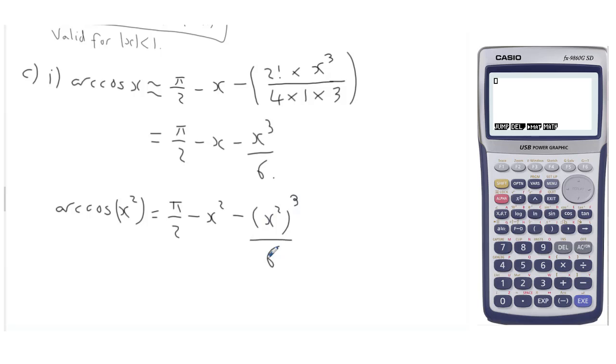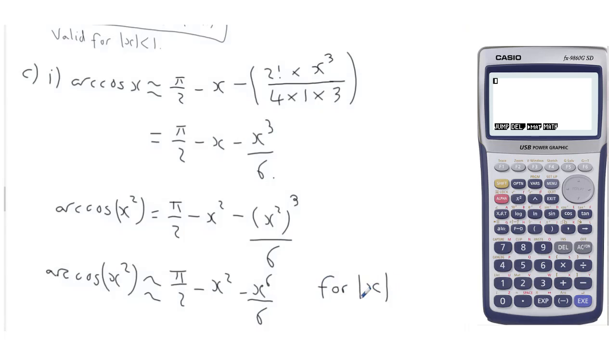So that is going to be approximately equal to, so arc cos x squared is approximately equal because it's only the first 3 non-zero terms. So it's pi by 2 minus x squared minus, for simple index law, x to the 6 over 6. And this is only valid for the absolute value of x less than 1.